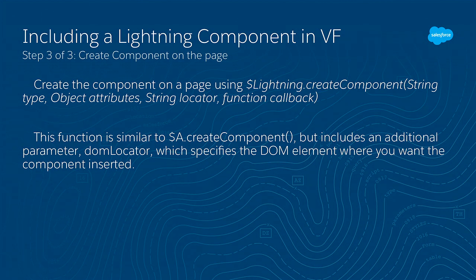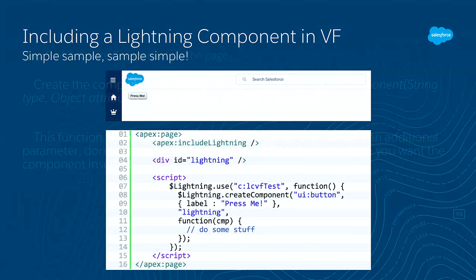And this is an extremely simple sample of including a component. All I did is include a UI button, right? I don't even need to put it inside a component of my own. I can just directly use the UI component, which is available with Lightning Components. If you look at it, after apex:page, I have a line apex:includeLightning. And I have a div element with an ID. I'm going to use this as the location, so this is where my Lightning component is going to be.